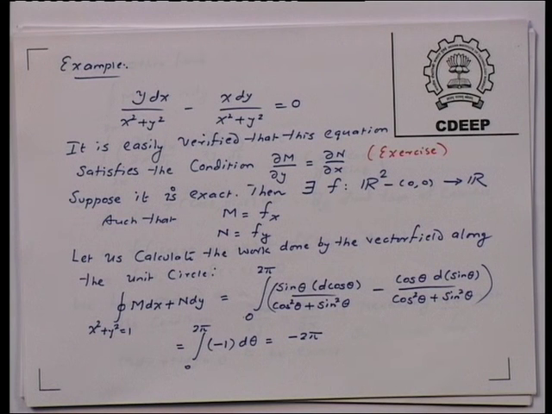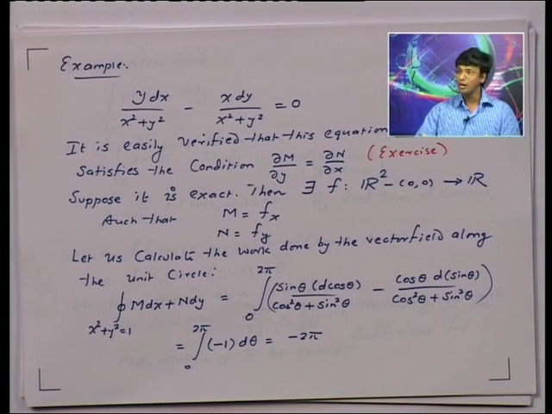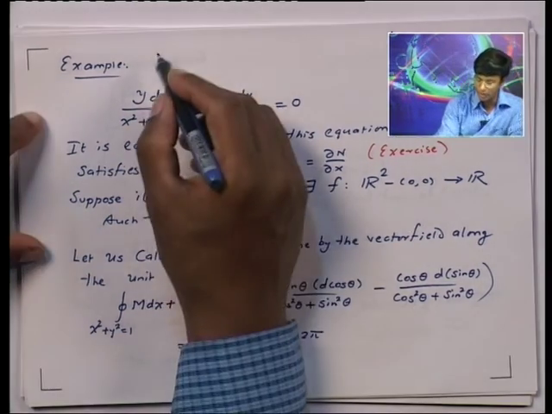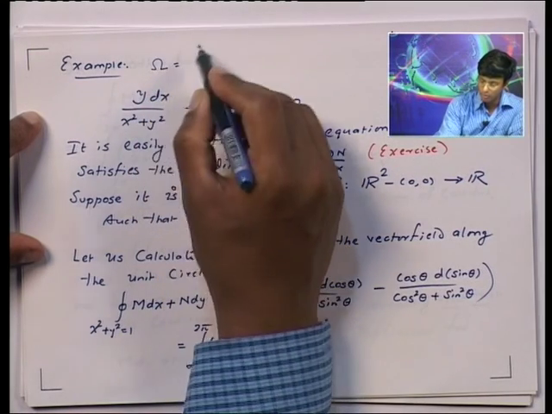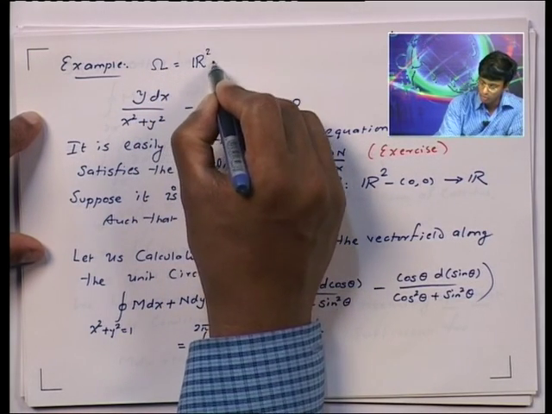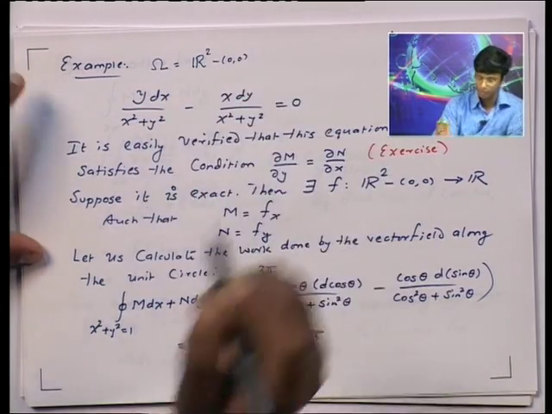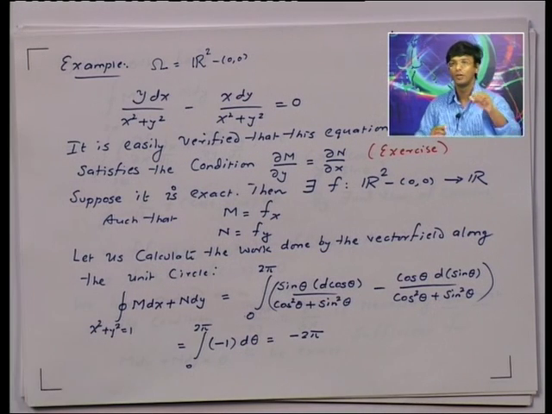Of course, the differential equation is not even defined at the origin. At the origin both x and y are 0. So our domain is R2 minus the origin. Let me put that down: omega equal to R2 minus the origin, that is the domain on which we are going to be working.